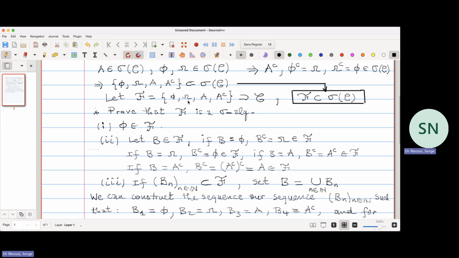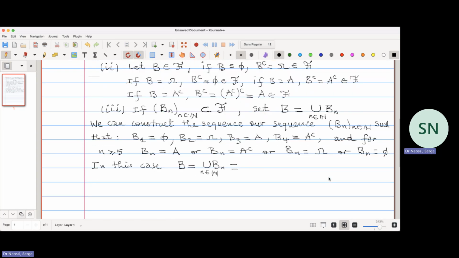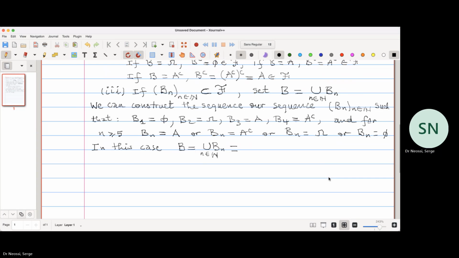Omega union omega is omega. Omega union the empty set is omega. So as long as in our sequence we have A and A complement, the union will always give us omega, because that will be the largest union that we can get, and this is in F.